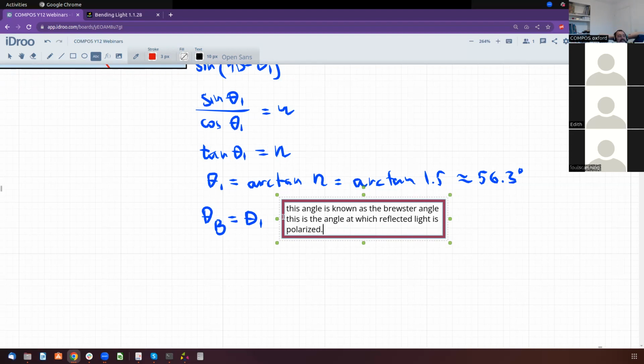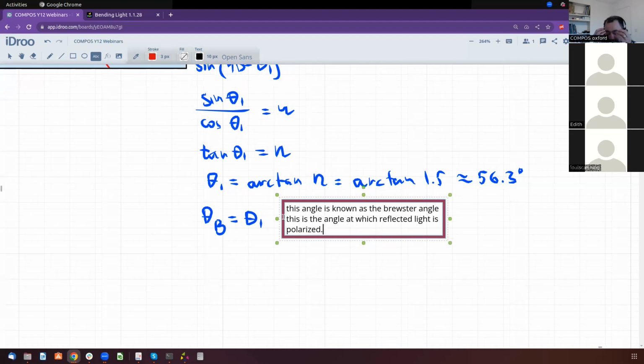And it has very interesting applications. For example, we can measure the polarization of the reflected light. We'll talk about polarization in year 13, so don't worry if you don't understand what it is.